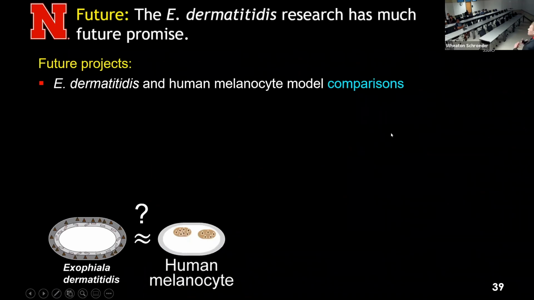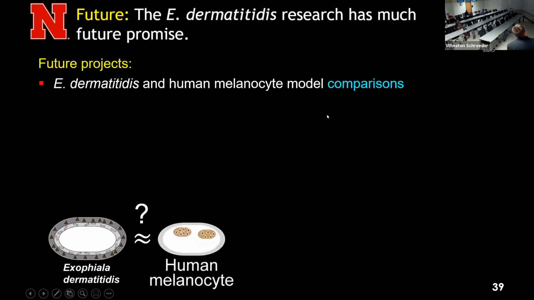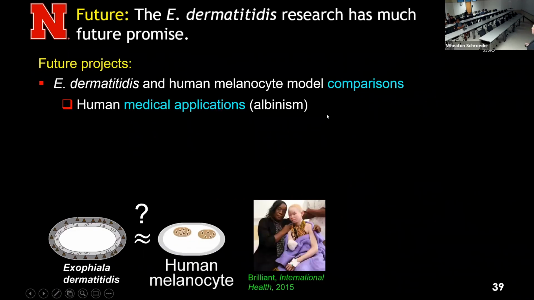I see a couple of future potential research directions for this particular study. The first is that if we can compare Exophiala and human melanin metabolism on a good level, and they compare decently, we might be able to use Exophiala as a test system for human medical applications.